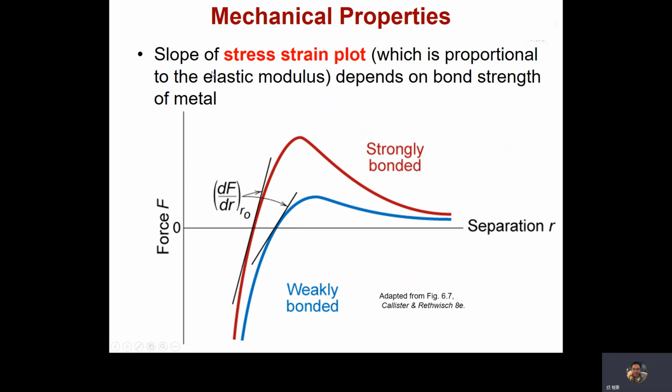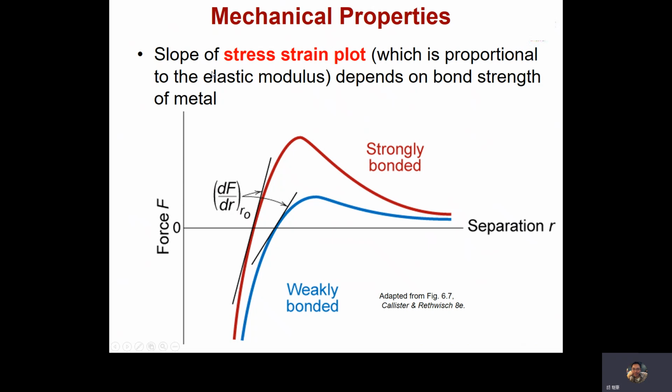And as already mentioned, the Young's modulus is the slope of the elastic region in the stress and strain curve. If we plot the force versus separation between atoms or particles, we can figure out the slope of the force corresponding to distance. The higher slope means the stronger bonding between two particles.